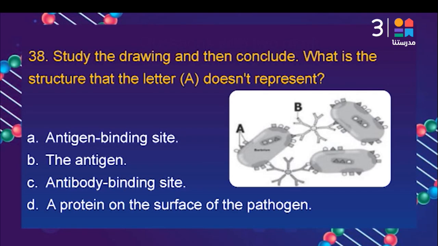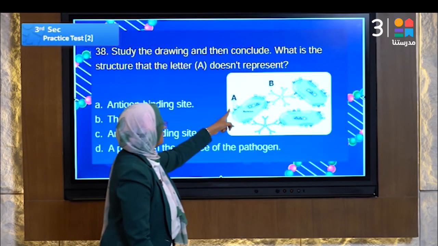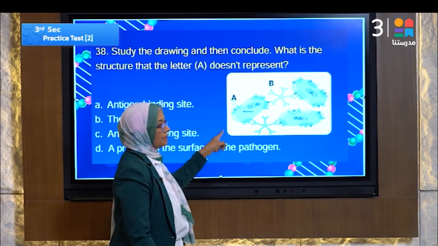38 speaks about immunity. Here is a figure. Let's read the question and study the figure again. Study the drawing and then conclude. What is the structure that the letter A represents?